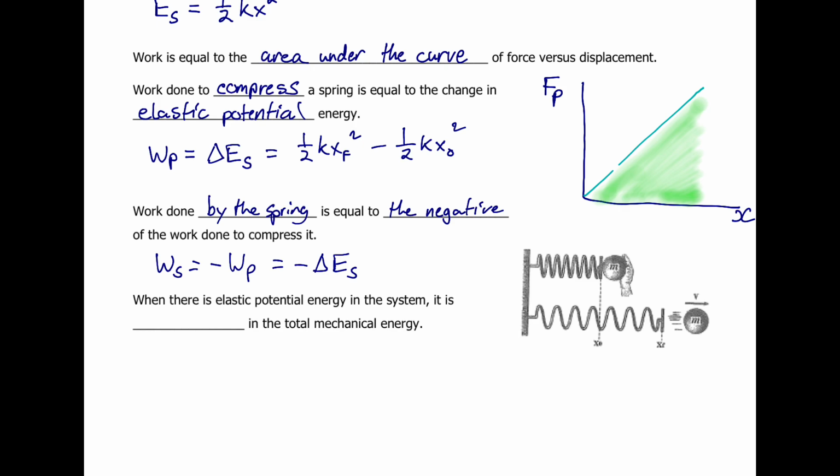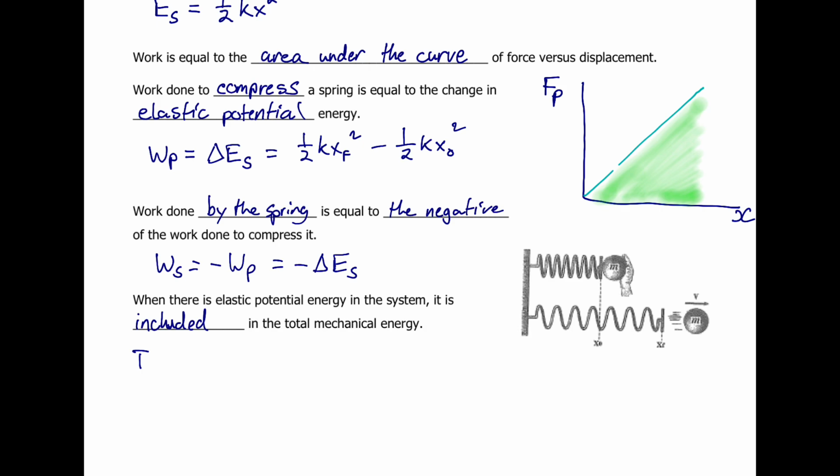The main reason why I'm saying all these things, and it's a whole lesson in itself, is if there's elastic potential energy in a problem, such as a spring launching an object with a speed, that is now part of our total mechanical energy. So this is included in the total mechanical energy.